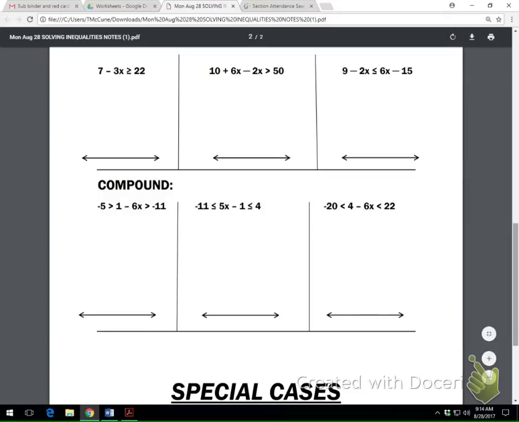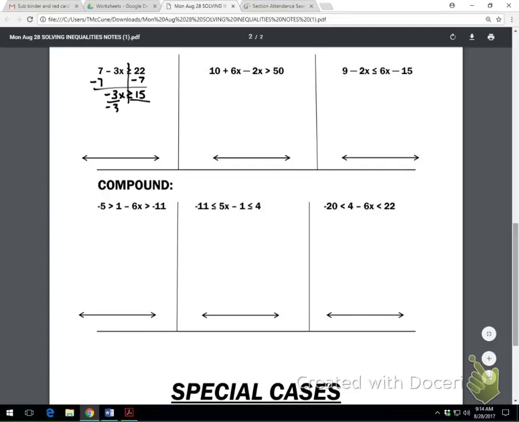Okay, so now you got, draw your line. What do I do here? Subtract 7. So it gives me negative 3x is greater than or equal to, what's 22 minus 7? 15. Perfect. Now what?